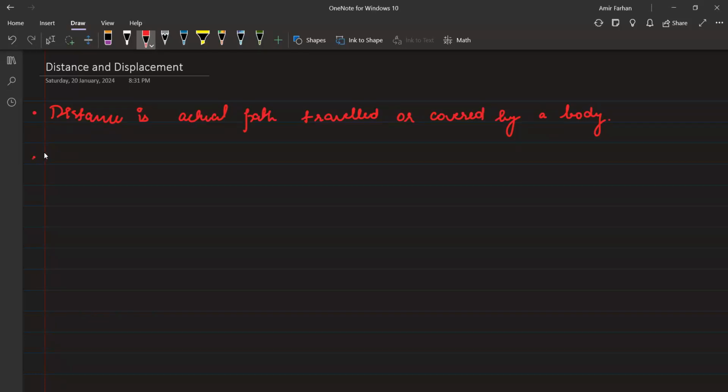Let's talk about distance first. Distance is a scalar quantity, and the SI unit of distance is meter.